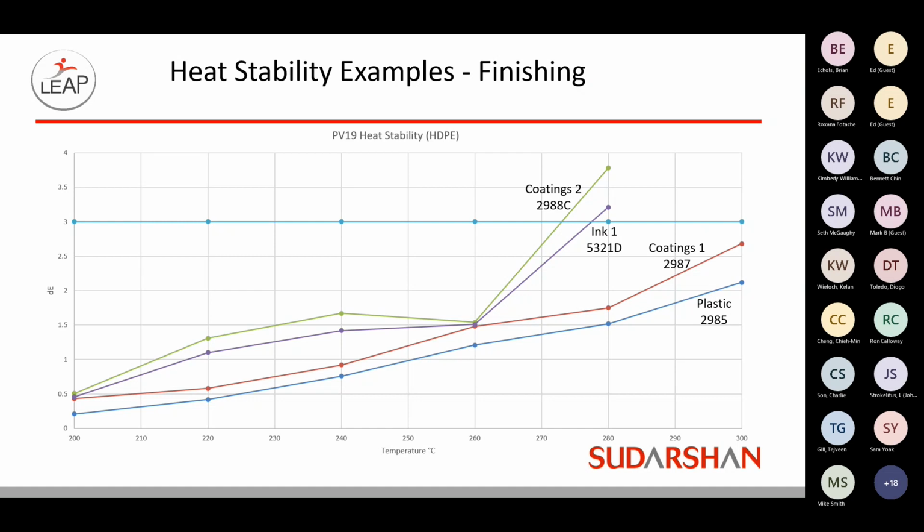And then the other two grades are slightly off, at about 270, 280 degrees C. So not a huge amount of difference, but we start to see where the finishing techniques that are used can start to impact this particular property.